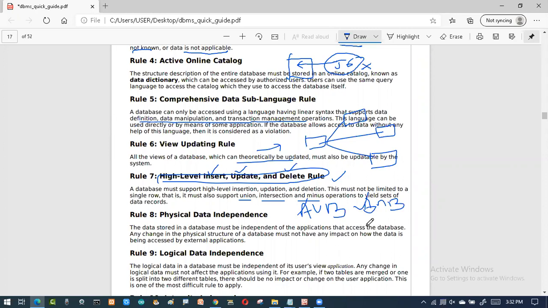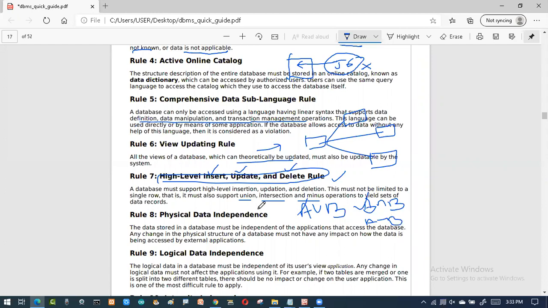Suppose I say A minus B. That means you remove the matching part from B and A, and whatever is left over in A, you display. That is minus. Or if I say B minus A, whatever is matched in B, remove from B as well as A, and the data that is left over of B, you display.